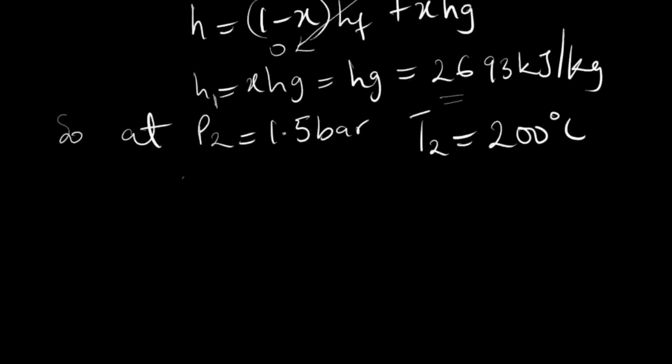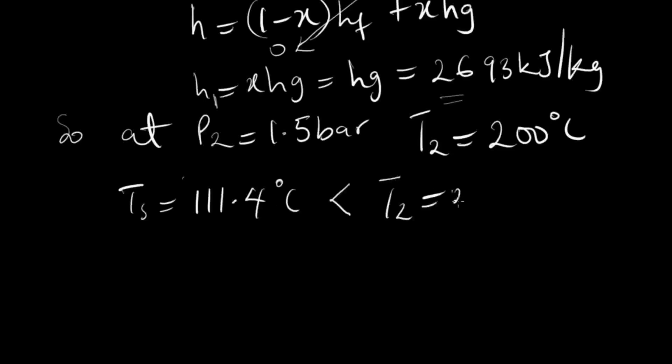Now you check the temperature at 1.5 in the steam table. I have my steam table here, I'll open it. So at 1.5 bar, the saturated temperature Ts is equal to 111.4 degrees C. As you can see, it's less than the given temperature, which is 200 degrees.